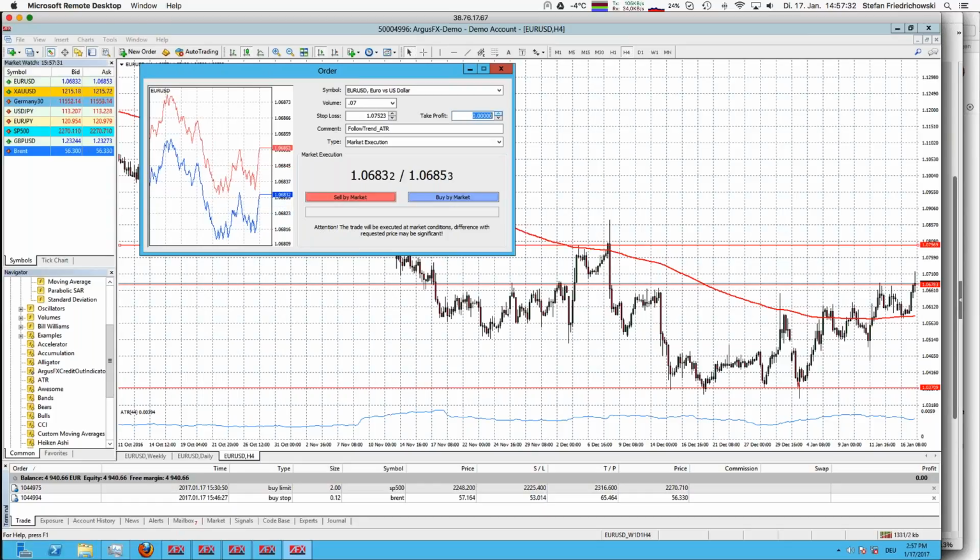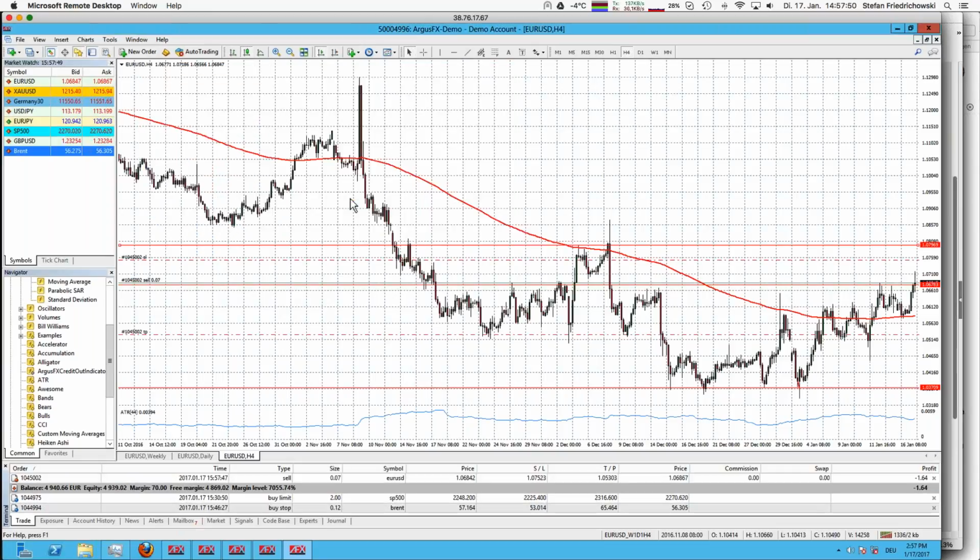And take profit is 1.05303, and then the trade is set. Good. And we want to have a short trade, so we press sell by market because we want to have the trade right now.